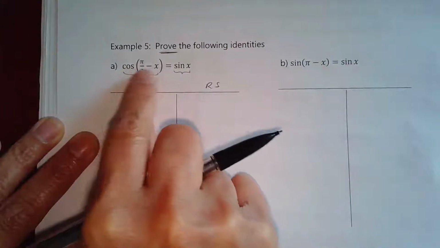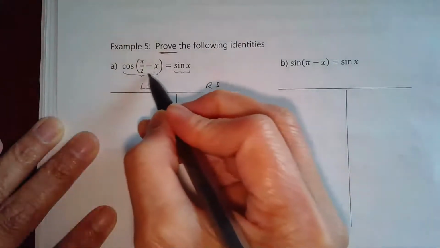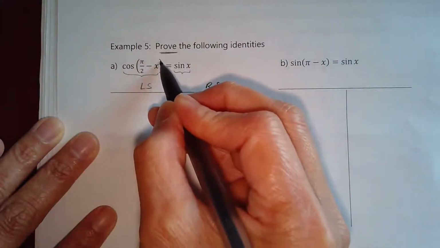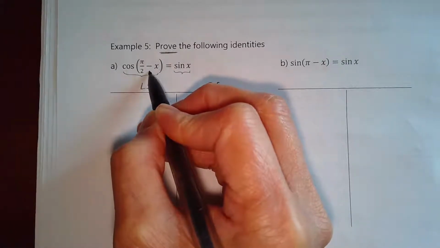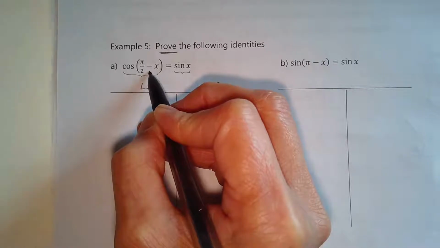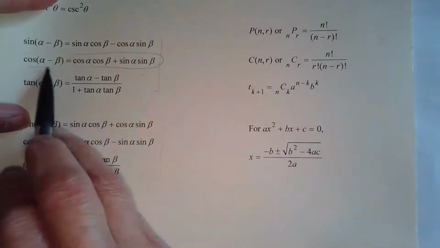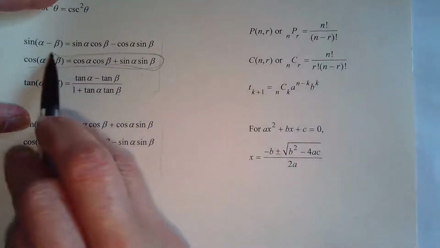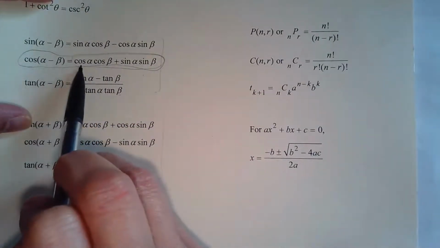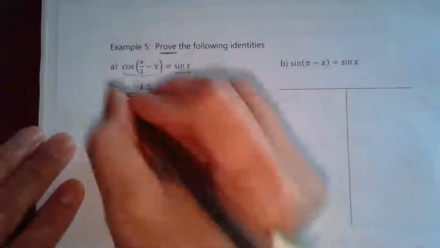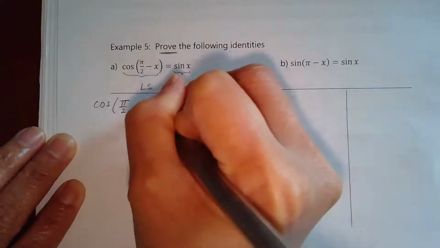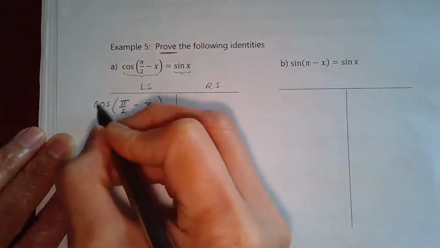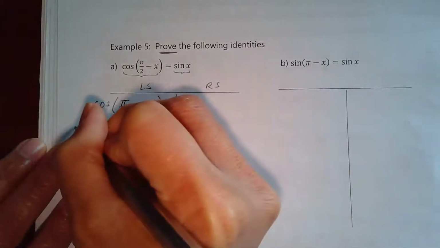Well, this is a difference of angles. So how can we figure out cos of the difference? So we're going to use this identity, right? So cos of pi by 2 minus x, we can expand it using the identity.